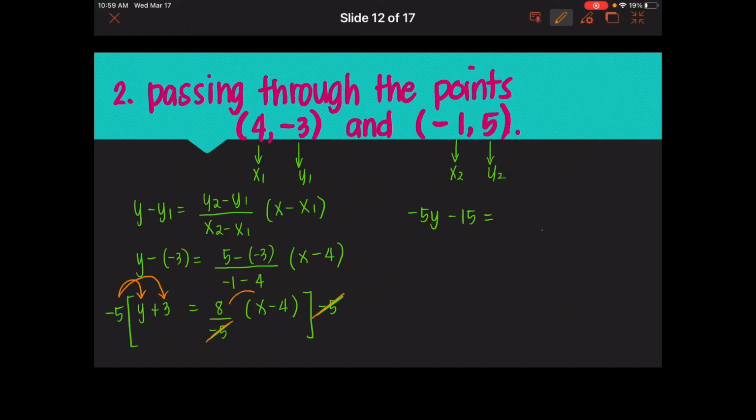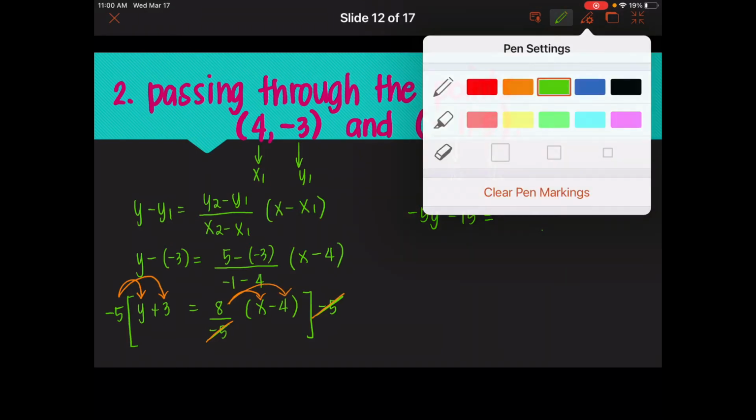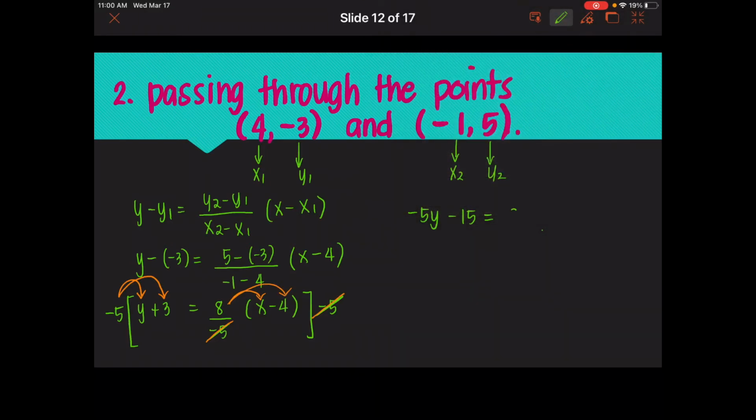we will just distribute 8. So we will have 8x minus 8 times 4, which is 32. And then I'll just transpose everything on my right side.